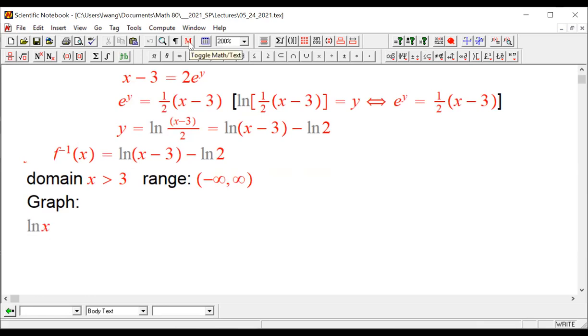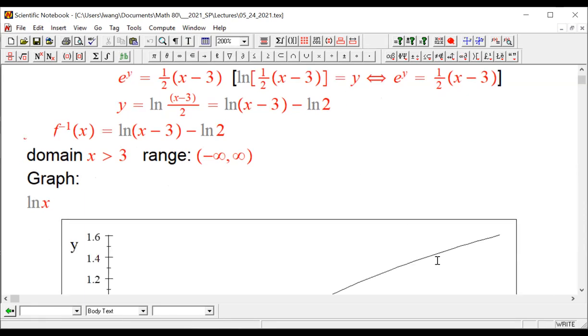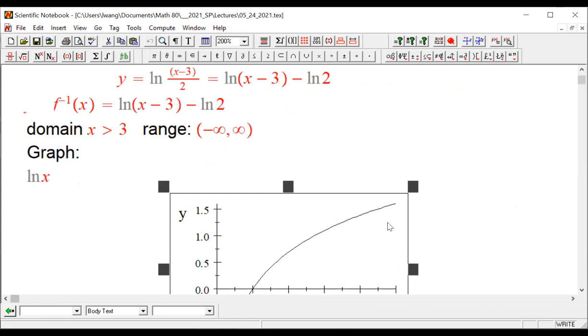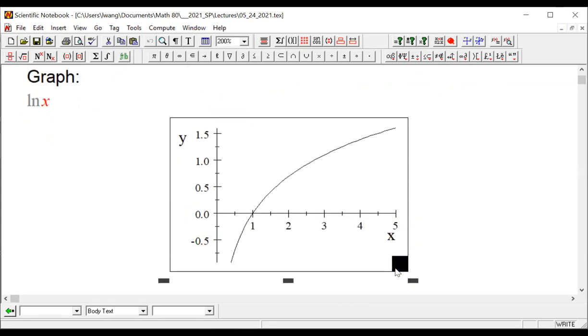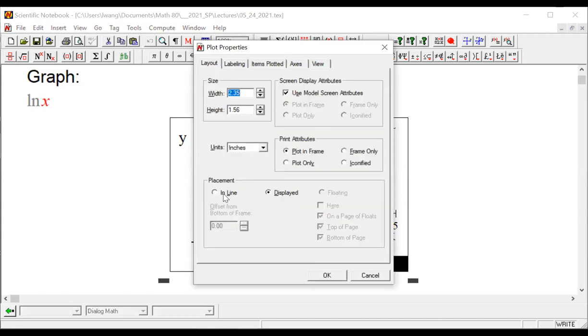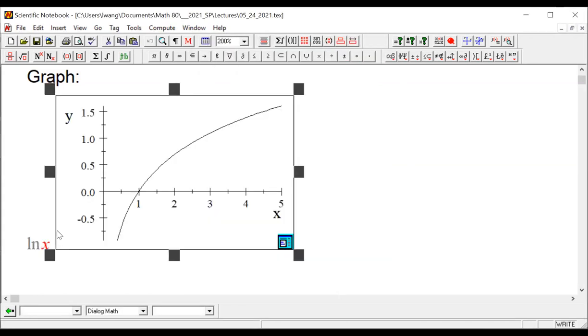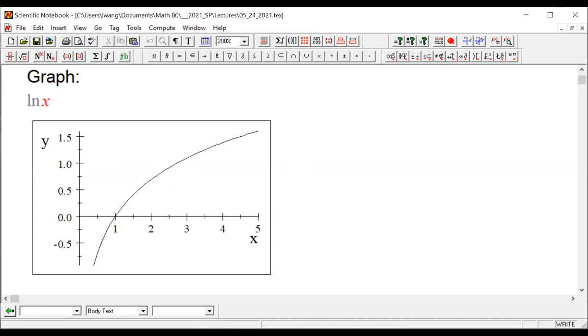I want you guys to be really familiar with these curves. Even though we will not be able to cover everything about these functions this semester, I hope to give you a really good foundation for your continued study. So ln x here, we know the domain and range for ln x. X must be greater than 0.